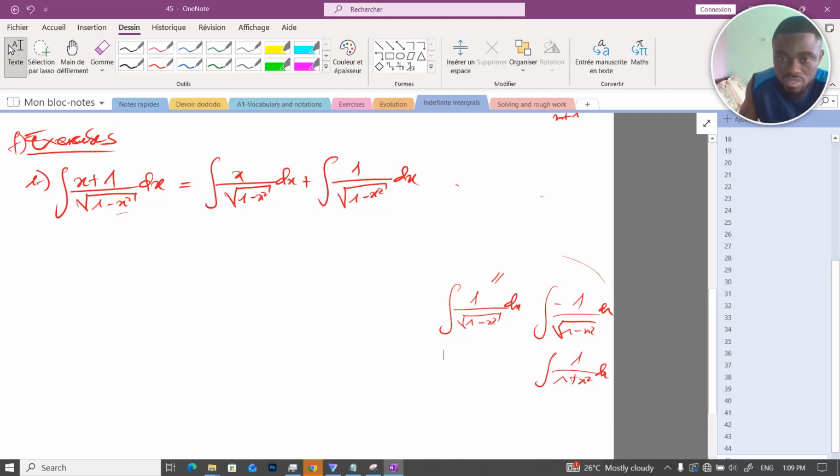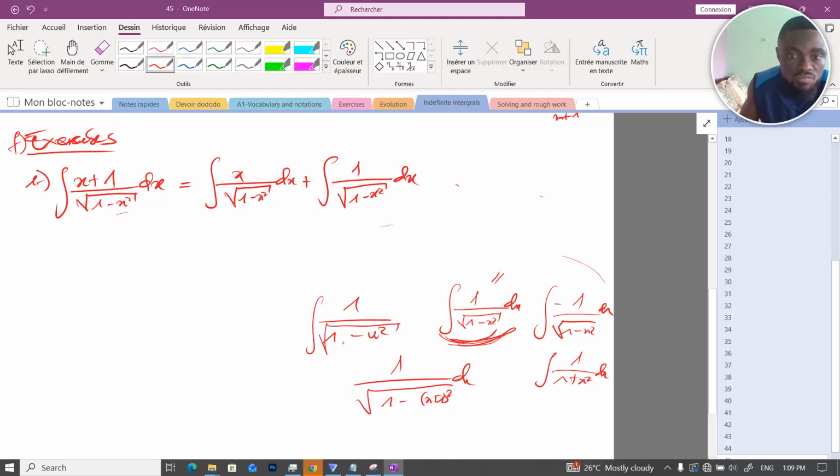Whenever you are in an exam, if they don't ask you to prove this, if you see an integral which is simply in the form of the integral of 1 over the square root of 1 minus u squared, I'm not saying that if you see, let's say, 1 minus x plus 1 squared dx, you just give the answer, no. If you see something of this form, 1 minus a variable squared, you have the right to just say that, recall that this integral is equal to arcsine of that variable.